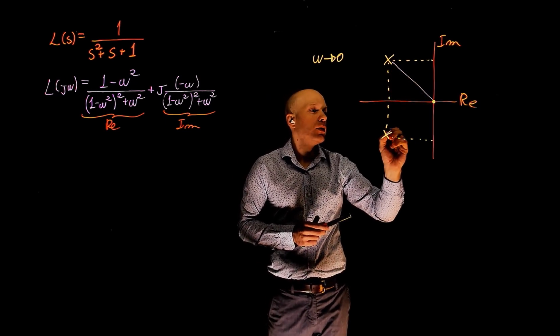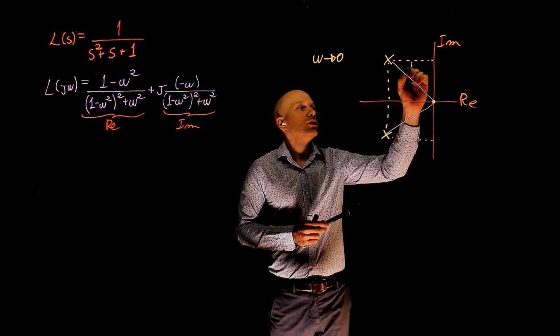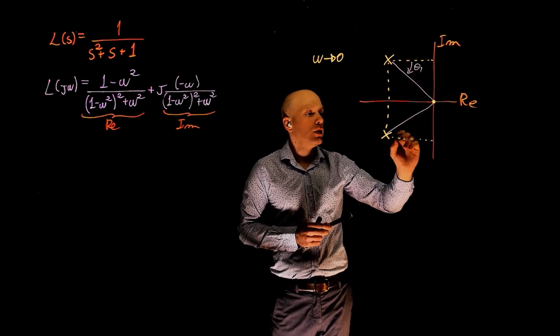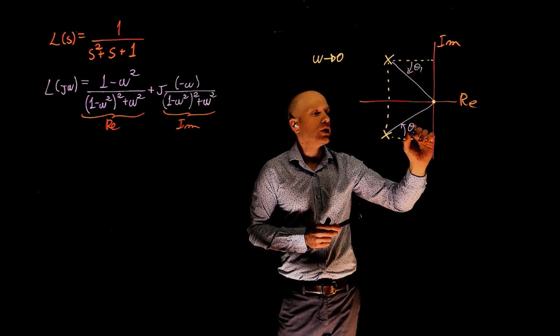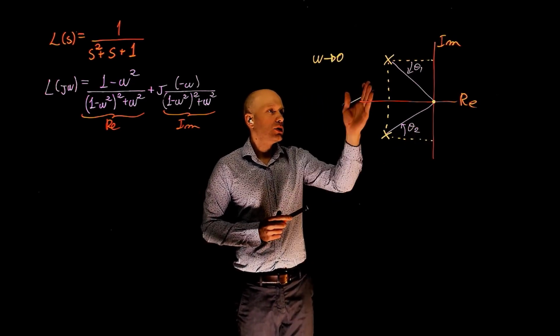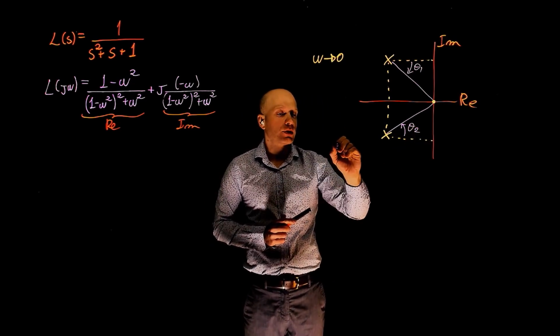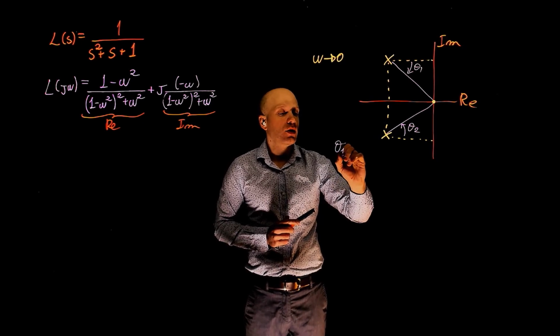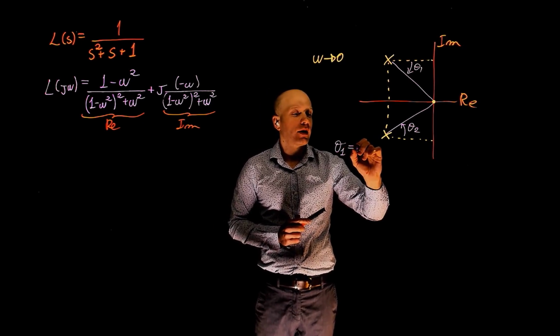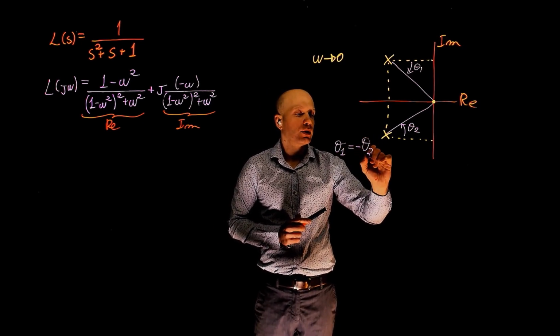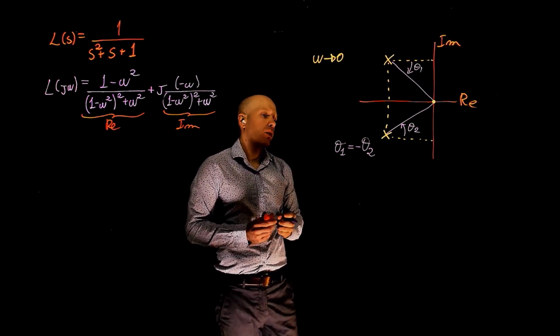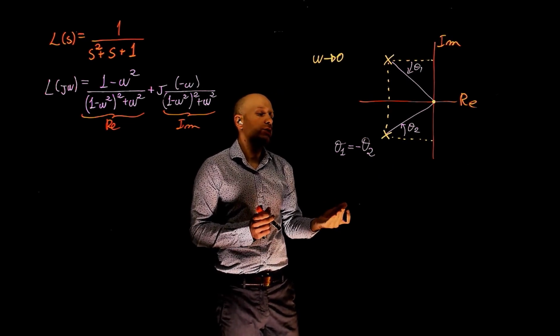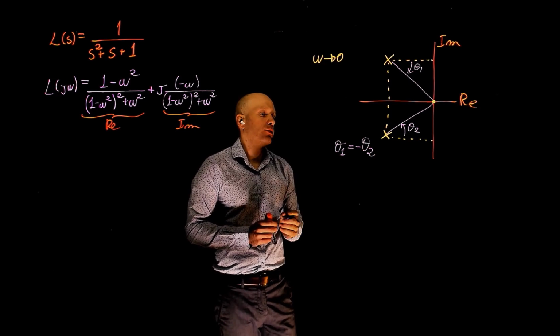So here they are. This is one of them. This is another one of them. The angle here is θ1. The angle here would be θ2. Clearly, because these poles are complex conjugate numbers, we can immediately say that θ1 equals -θ2. They are the same values, but they simply have a different sign.